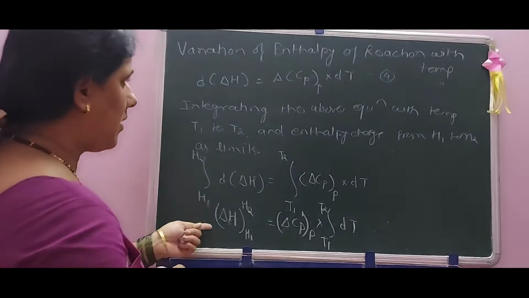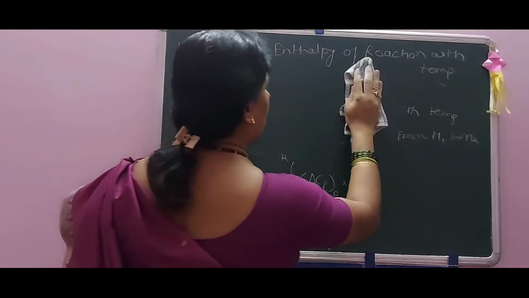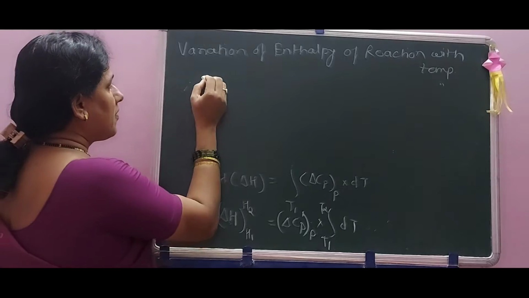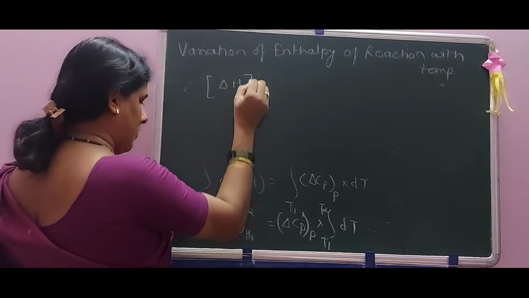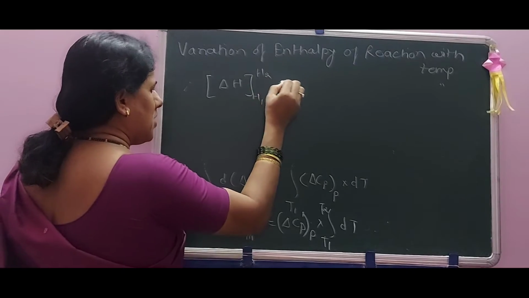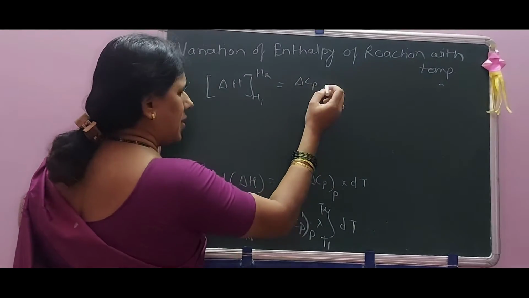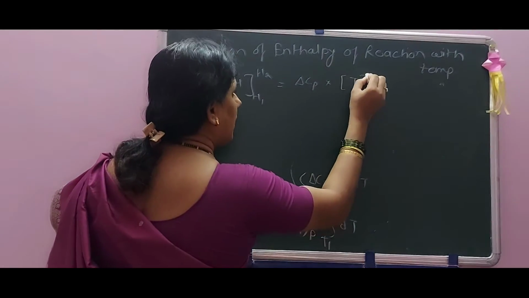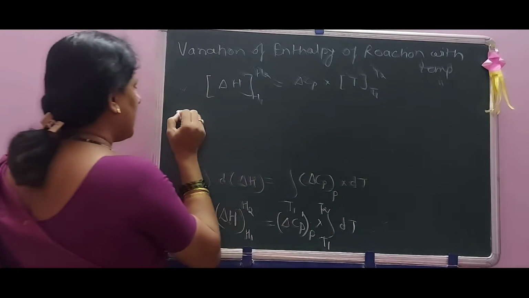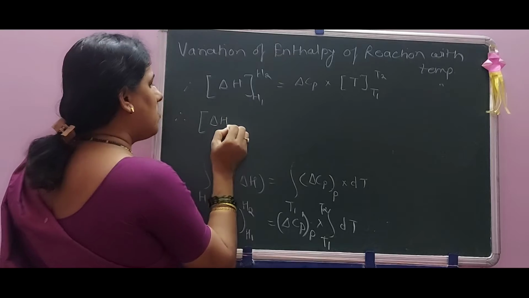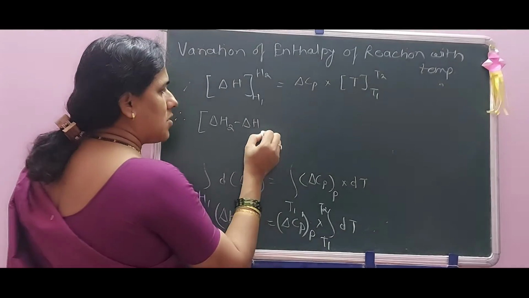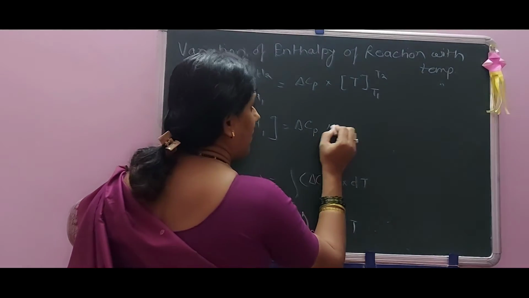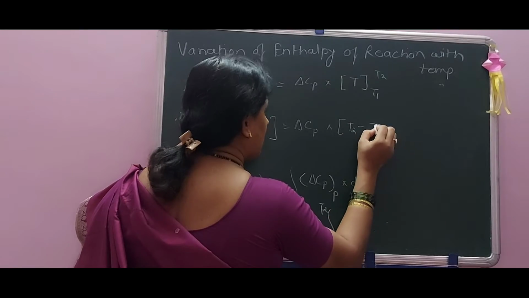Therefore delta H from H1 to H2 is equal to delta Cp into the integral of dT, which is T, from T1 to T2. Therefore, delta H2 minus delta H1 is equal to delta Cp into T2 minus T1.